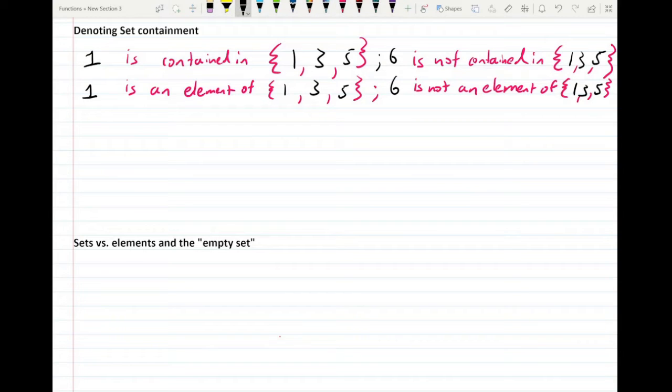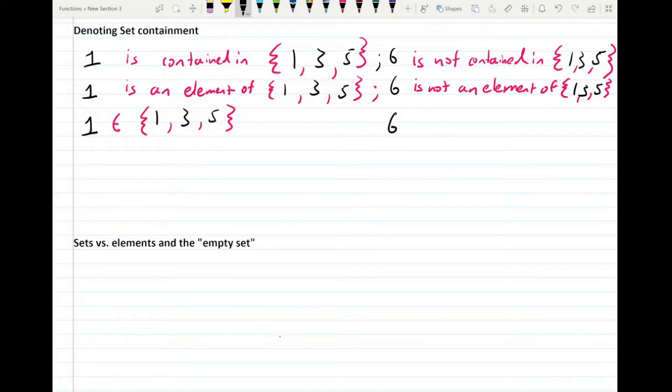So it's a little bit inconvenient to have such a simple concept be such a mouthful to write out. So instead of these, we write 1 with this little e-looking symbol that means is contained in this set. And that really cuts down on a lot of writing when you're talking about sets.